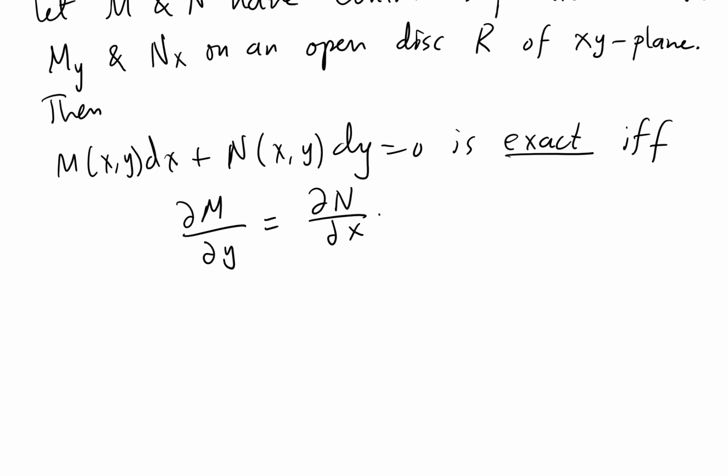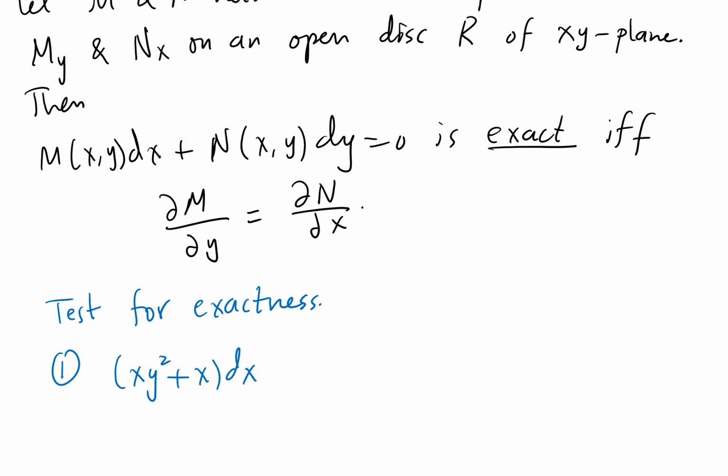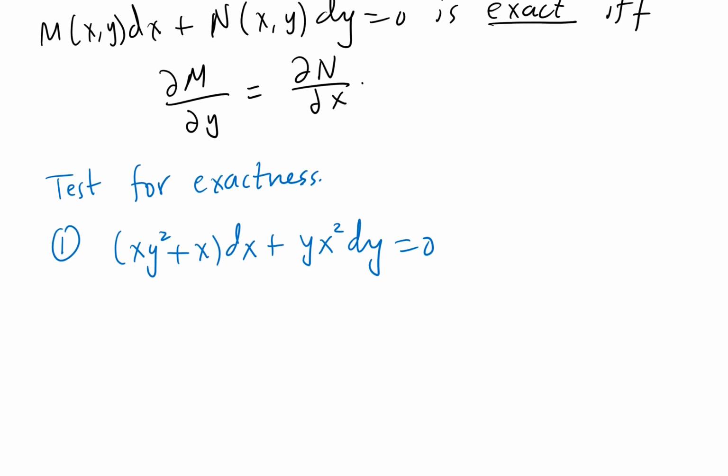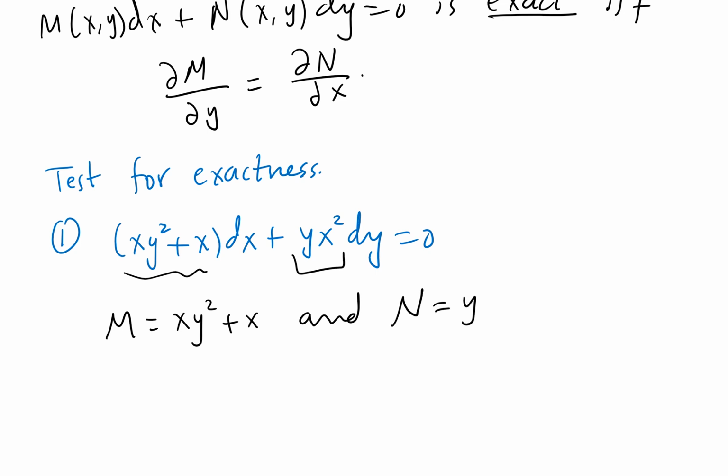So if we look at some examples, we need to test for exactness. (xy squared plus x) dx plus yx squared dy. This is M equals xy squared plus x, and this is N equals yx squared.